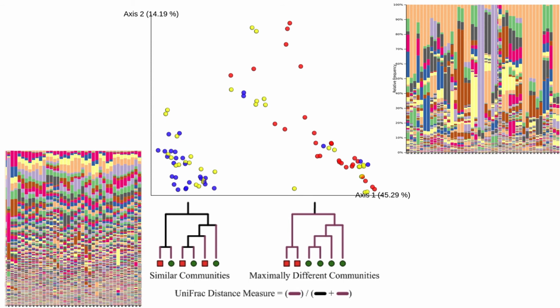Well, we have included analyses that incorporate the phylogenetic structure of the community, such as UniFrac distance measures, which are really interesting because you don't only do the composition of the community, but you also add the phylogenetic information. So you have to make a phylogenetic reconstruction where you place the sequences that you obtain in the study.